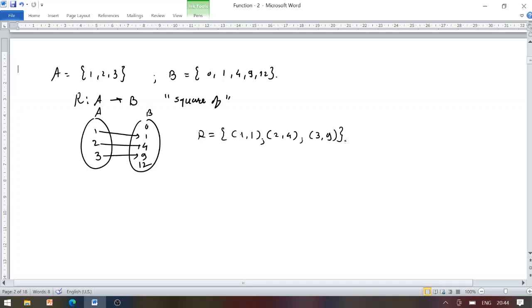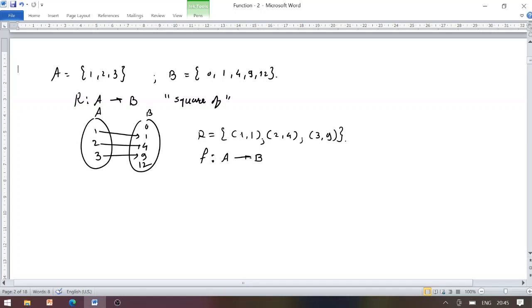As we observe here, every element of set A is related to one and only one element of set B. Hence, this relation R from A to B is a function from A to B.